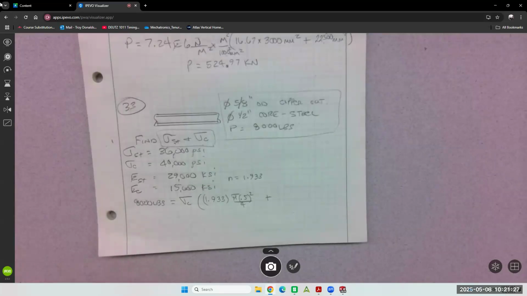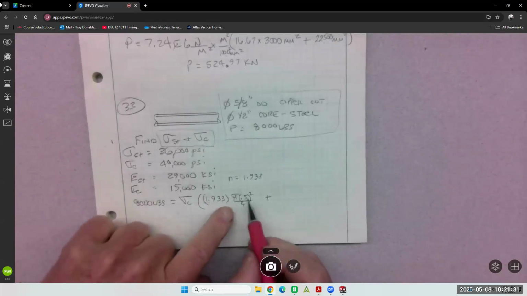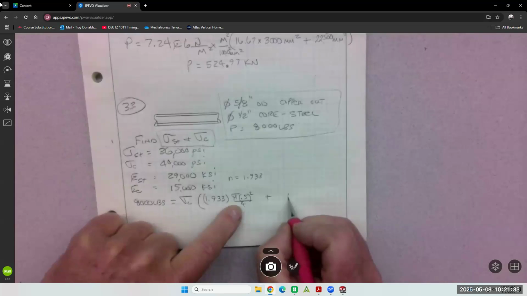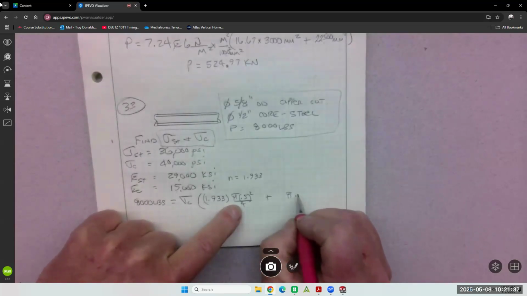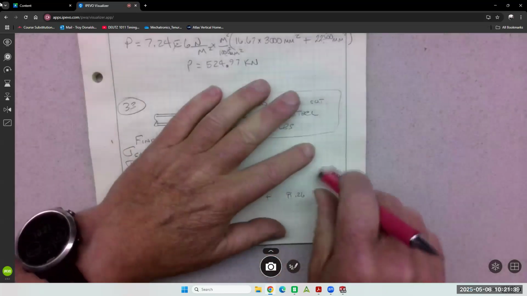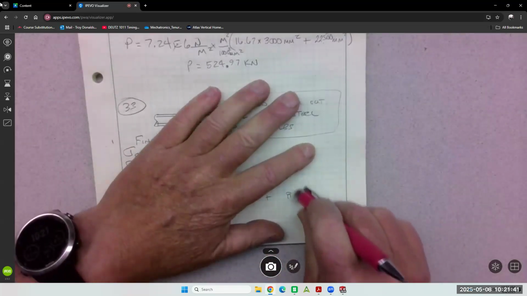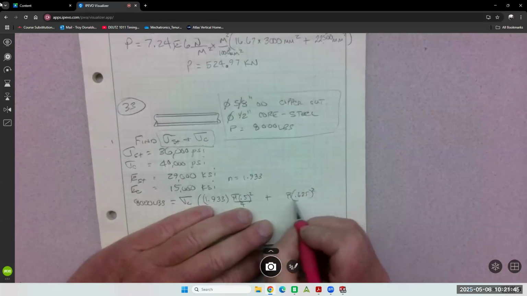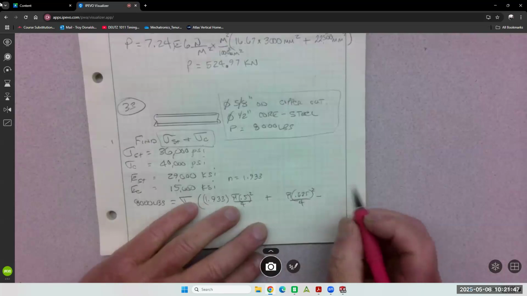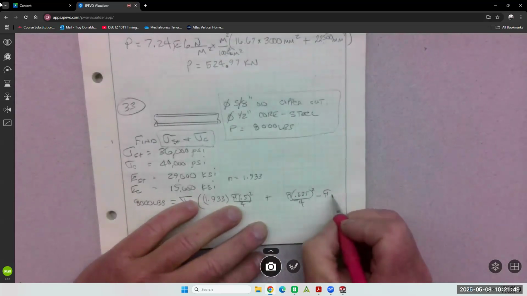And you subtract out the steel. That's the way I do it, because I do a big diameter and then subtract this thing out, right? So it'd be pi, the large D is 5/8, which is 0.625, minus the core.